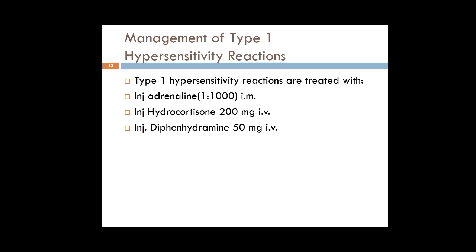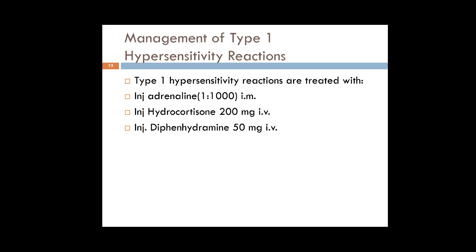How will you manage this type 1 hypersensitivity reaction? Type 1 hypersensitivity reactions are generally treated with normal antihistaminics. So if histamine is liberated, then antihistaminic is given. But sometimes the reactions are very severe and lethal sometimes. So these reactions are like anaphylactic reactions.